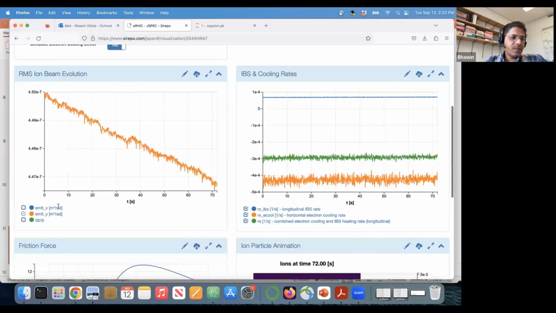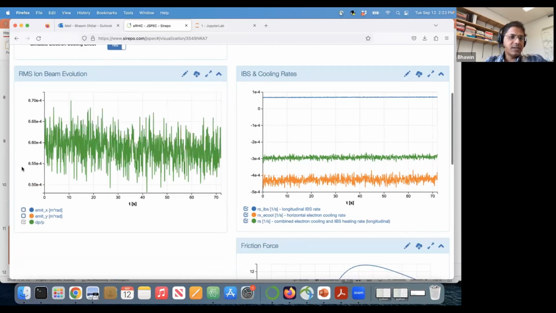Also, you can see the emittance Y, which is also decreasing by a small amount. You can also look at the longitudinal emittance, which is dP over P. There it is almost constant. This clearly gives a visualization of ion beam cooling happening in all three directions.